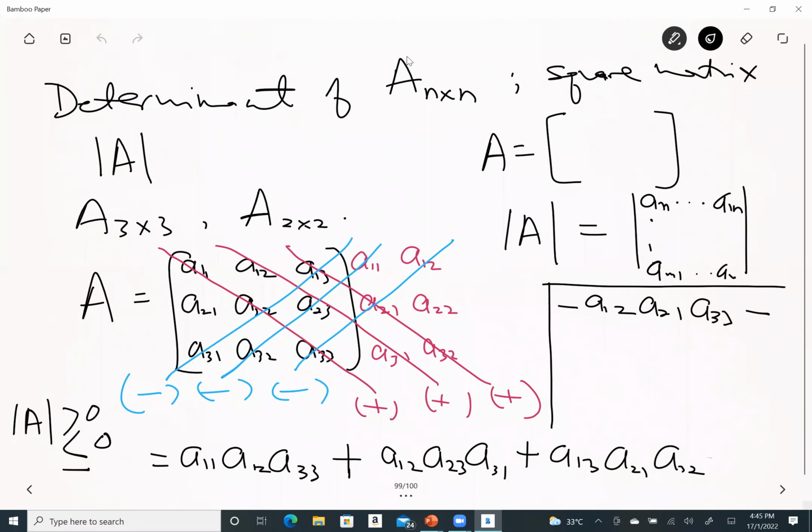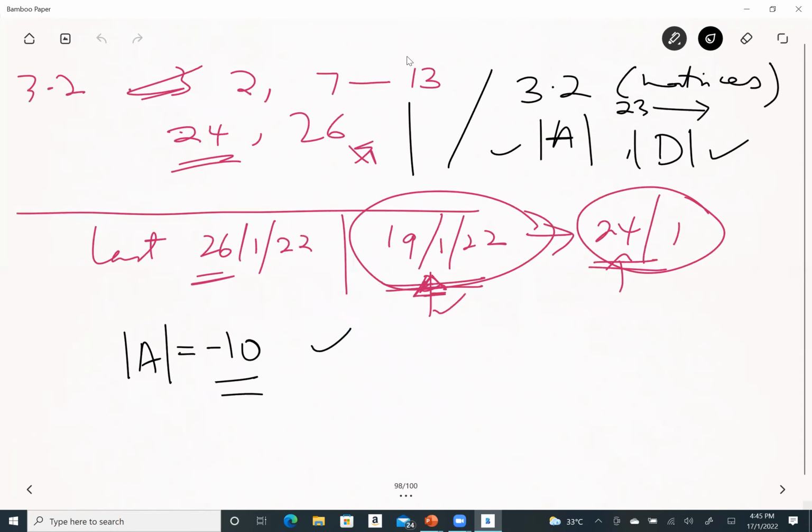I do it again. So is it negative 10 or negative 18? Okay, negative 18. Oh, yeah. I want somebody else to check. Is it negative 10 or negative 18? Oh, you have another value.